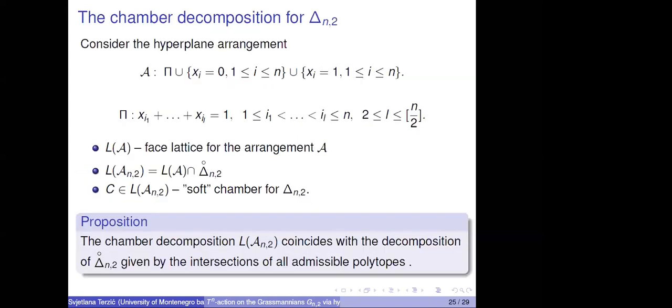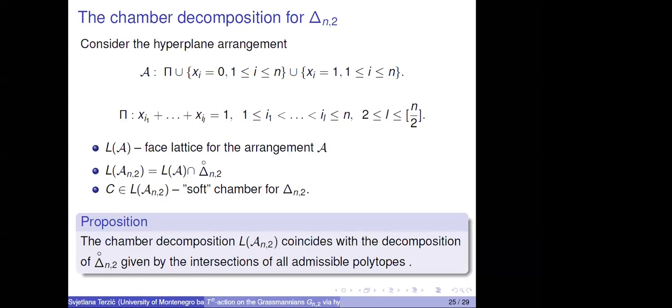Okay. And now, what I said we want to do is, since we describe n-2 and n-1 dimensional polytopes through these planes, we consider the hyperplane arrangement, defined in this way. These are, as I said, the planes that define n-2 dimensional polytopes in delta n2, and these are the planes which contain the facets of the hypersimplex delta n2.